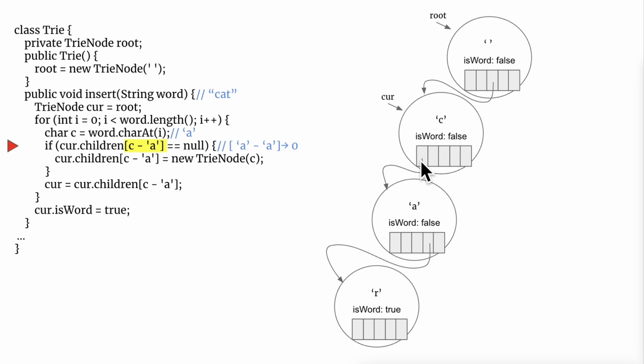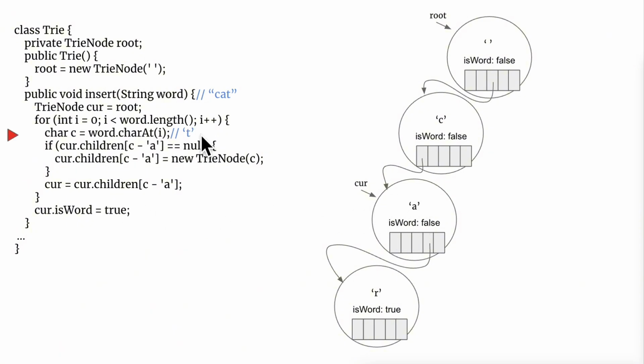It now stores a reference to this character A's trie node. So we directly move to this statement. We copy this trie node reference address to the pointer cur. So the pointer cur refers to this node as well.